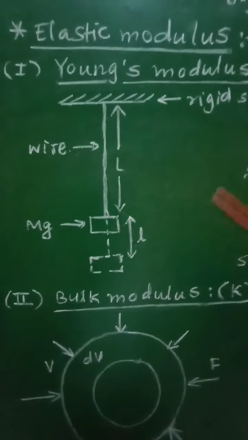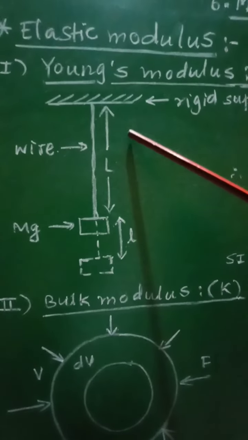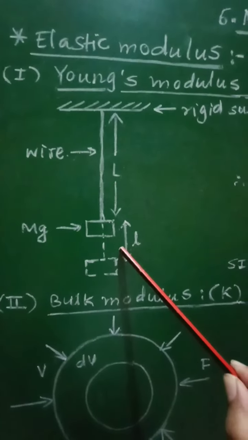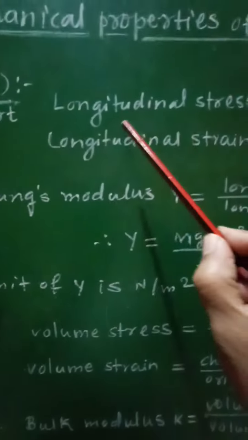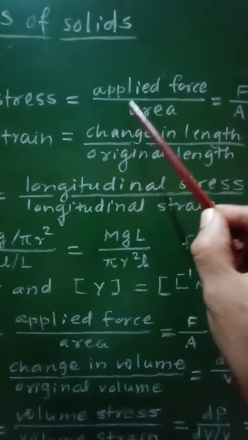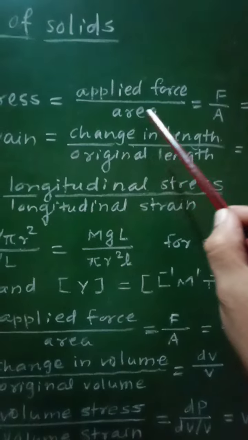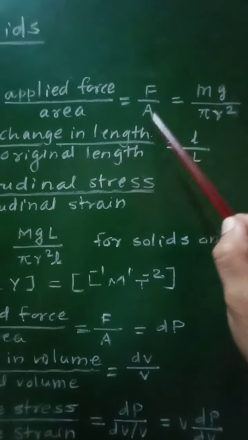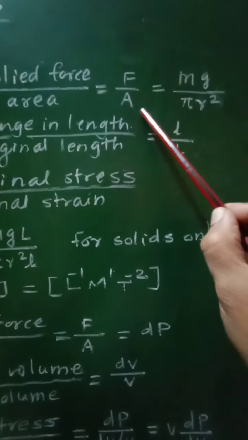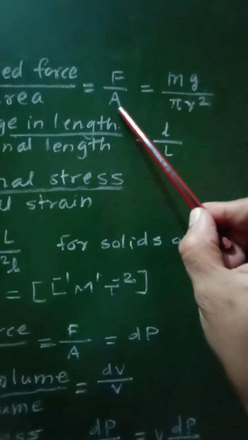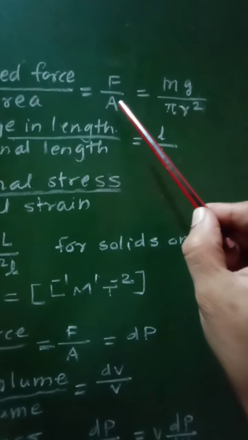Now if we consider the longitudinal stress and longitudinal strain in case of this wire, then longitudinal stress equals applied force per unit area, that is F upon A. In this case, the force applied is the weight mg, and A is the area of cross section of that wire.